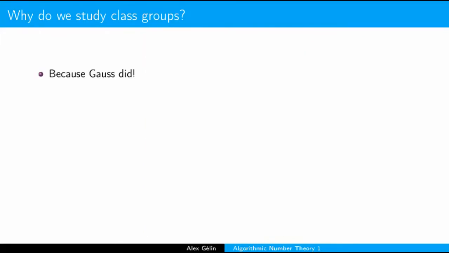Yes, the first answer is because Gauss did. He studied class groups, and it's a bit more complicated than that because he studied them before they were invented. Yes, Gauss style.